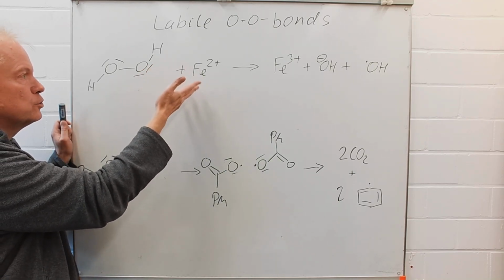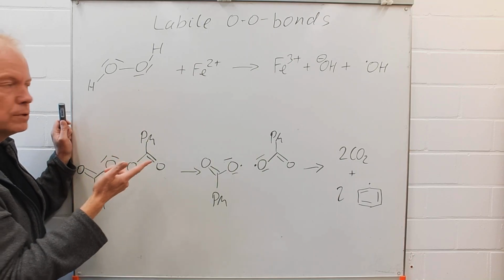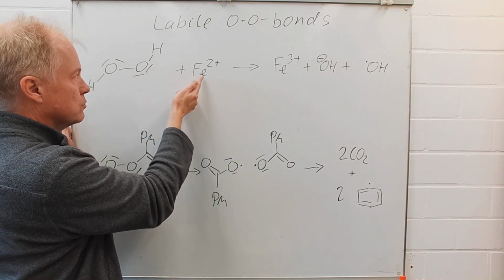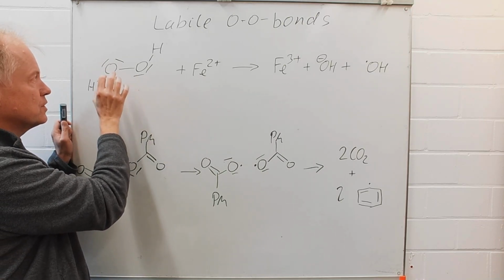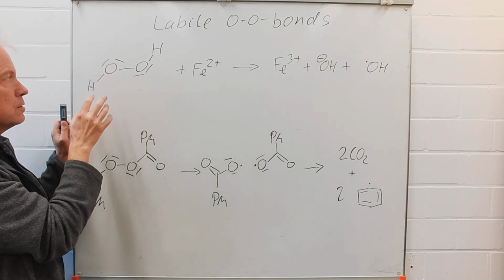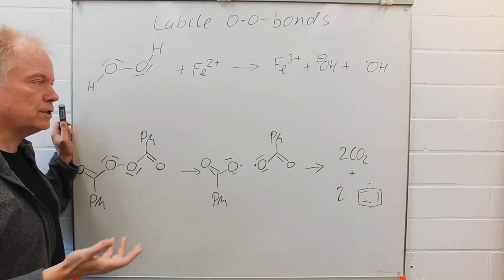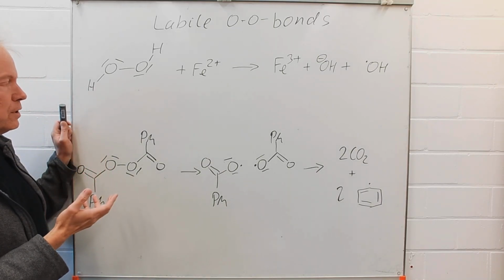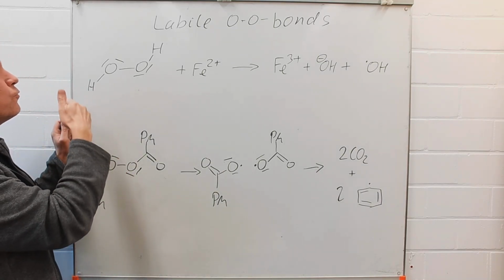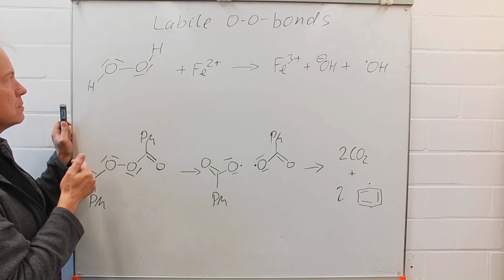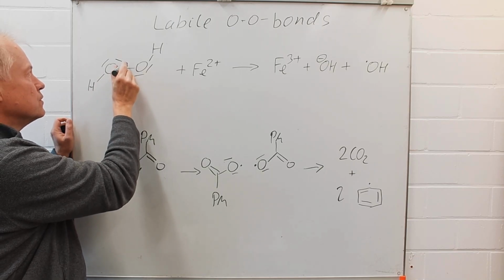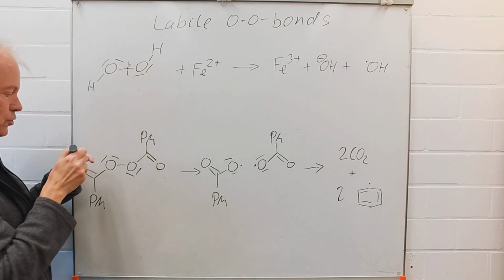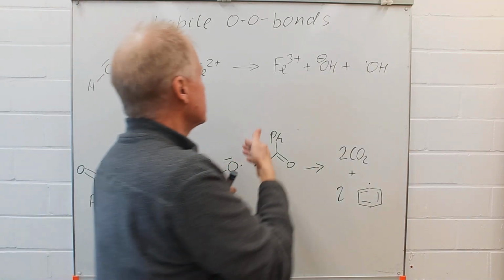With iron 2+, it is possible that an electron is transferred onto this hydrogen peroxide into an anti-bonding orbital, further labilizing this oxygen-oxygen bond.